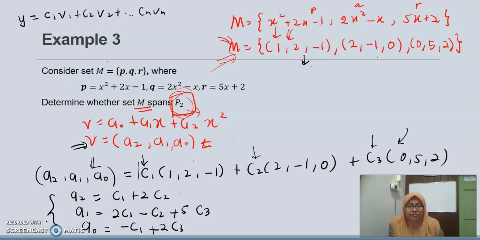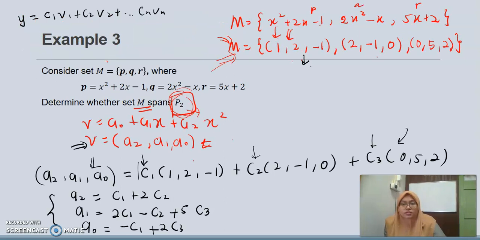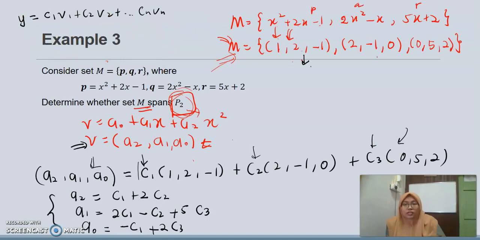Now you need to transform this system into matrix form. So this is the matrix form of this system of linear equations, right? You must solve the system. That means you must find C1, C2, and C3. If you can get the value of C1, C2, and C3, that means you can write this vector as a linear combination of vectors P, Q, and R.